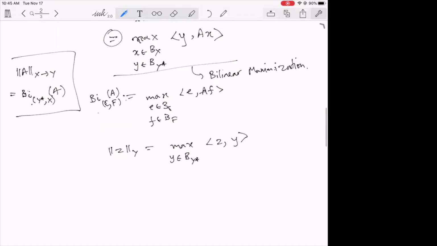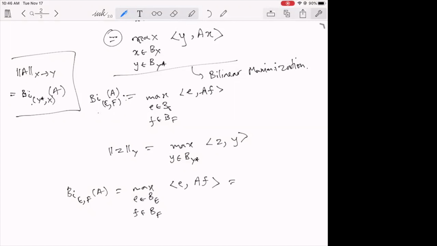Here it's more convenient to work with the bilinear one. So the E comma F norm of A is equal to the max, E in ball E, F in ball F, of the inner product of E and AF.